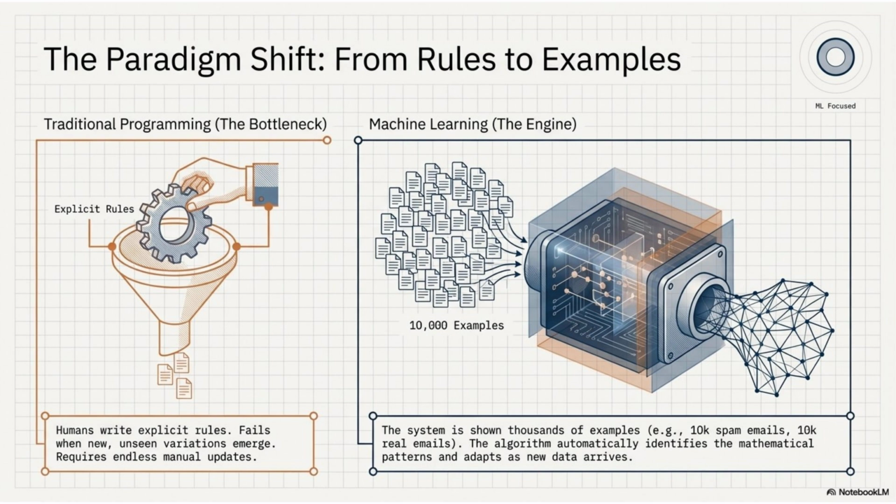And it adapts automatically as new data comes in. This is the fundamental shift from programming every rule to letting the computer figure out the rules by looking at examples. And that shift is what unlocked everything from voice assistants to recommendation engines to fraud detection. It's the foundation that deep learning and LLMs are built on.